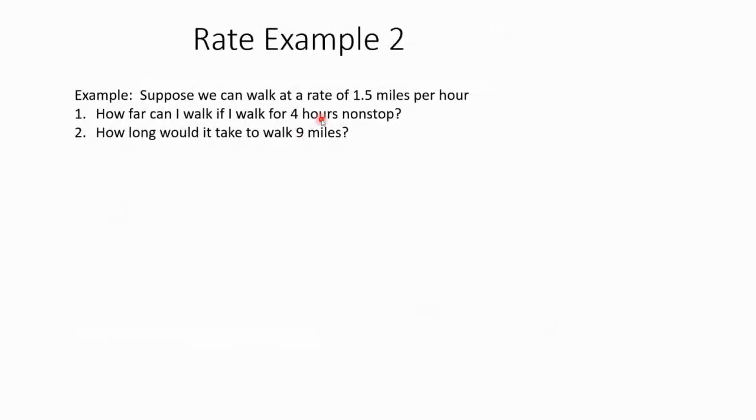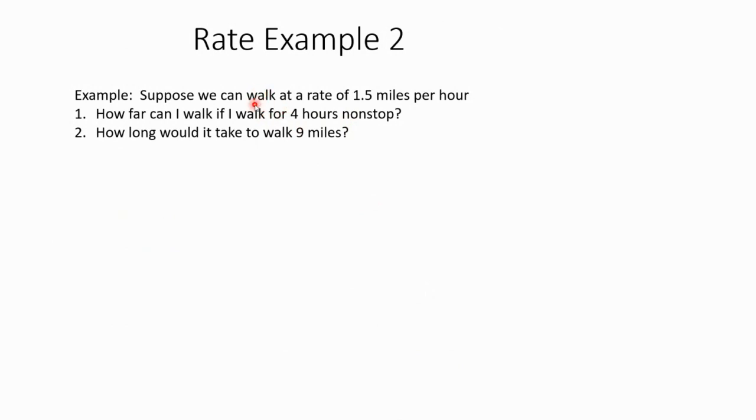Okay, so let's do this one. Let's say we're walking now at a rate of 1.5 miles per hour. Now we have 2 questions here. How far can I walk if I'm going to walk for 4 hours without stopping? That's the first question.